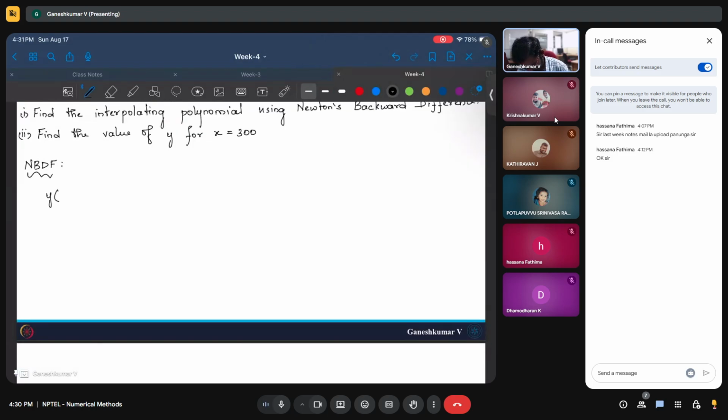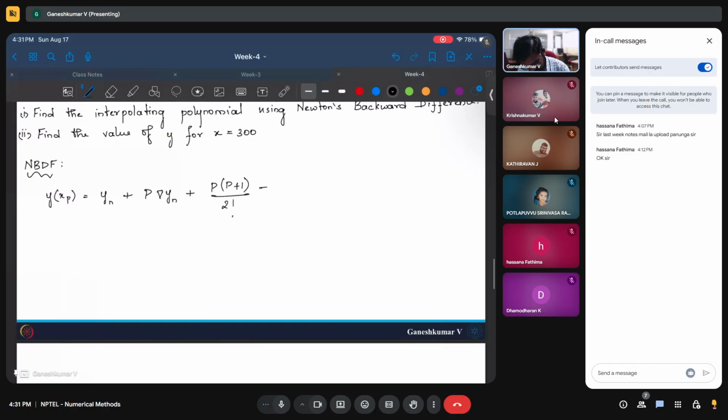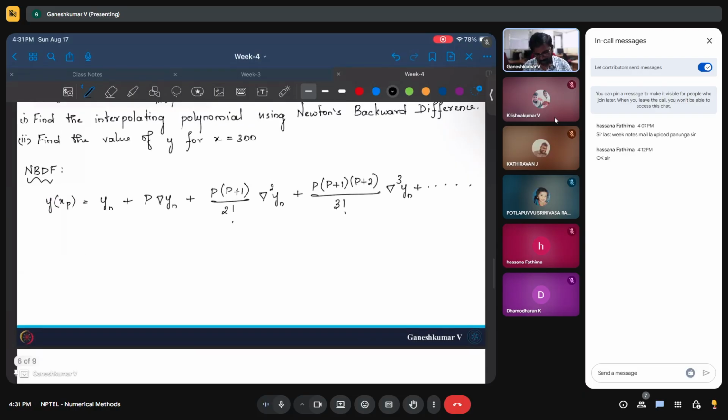This is going to be y of xp equal to y of n plus p nabla y of n plus p into p plus 1 by 2 factorial nabla square yn plus p into p plus 1 into p plus 2 divided by 3 factorial nabla cube yn, plus similarly you can keep on doing this. Okay, this is your backward difference formula.